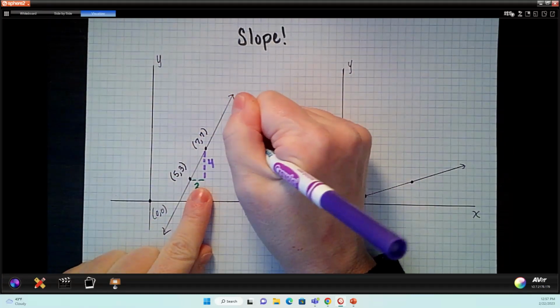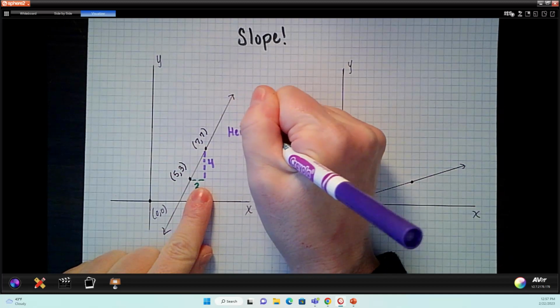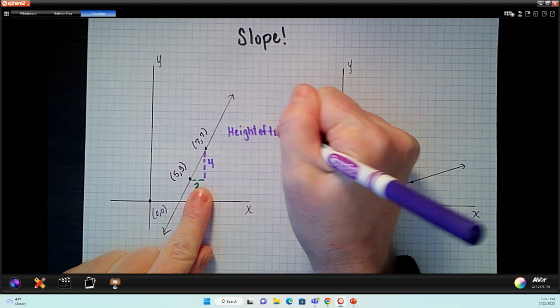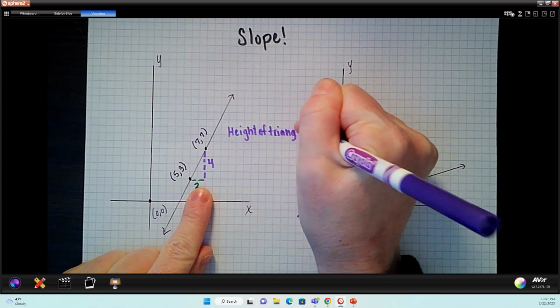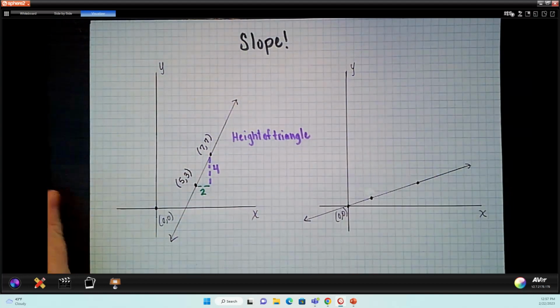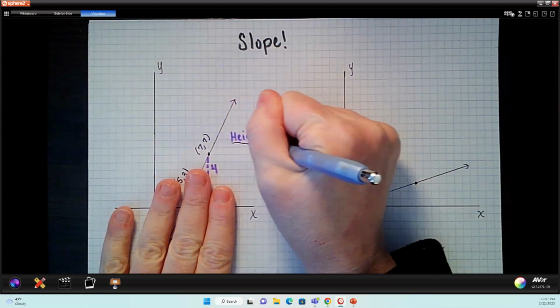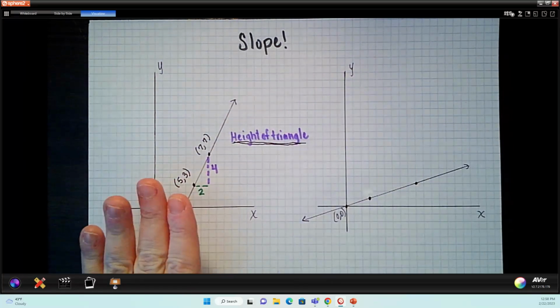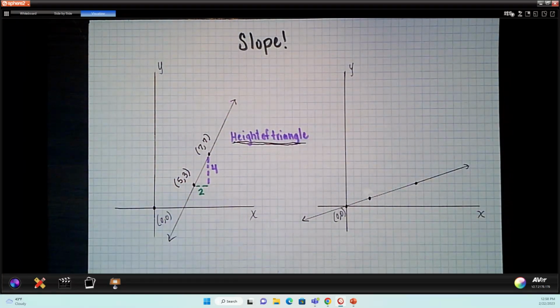So we're looking at the height of the triangle over, so divide it by, kind of like over, the base of the triangle. That's my bad line there.